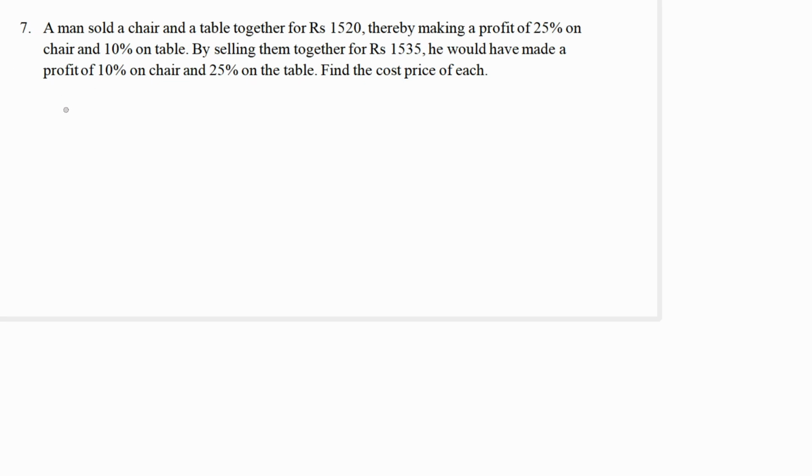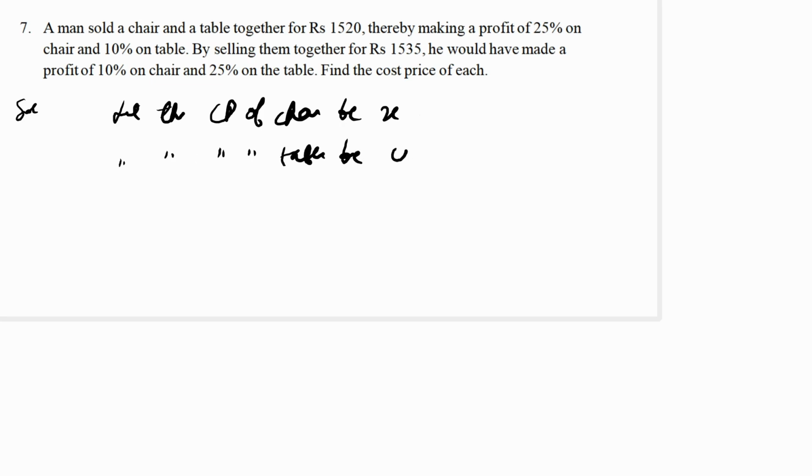So we'll say let the cost price of chair be X, and let the cost price of table be Y. Therefore, case 1: in the first case he is making 25% profit on chairs.